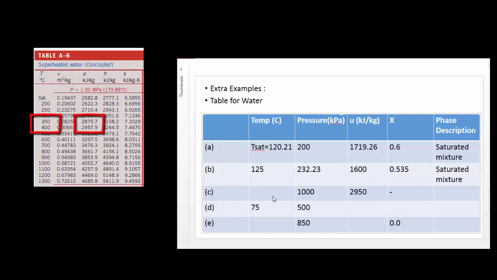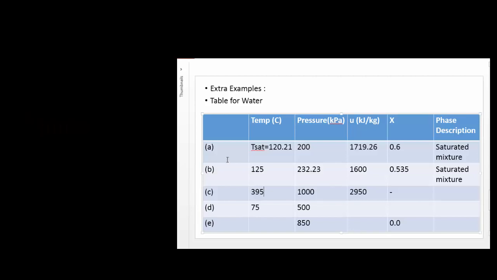So you do some interpolation by yourself. I'm not sure, but I can guess it is something very close, some 395 I guess. But you can do interpolation on your own, but I'm lazy to do it. It's not my job. So let's proceed to next.